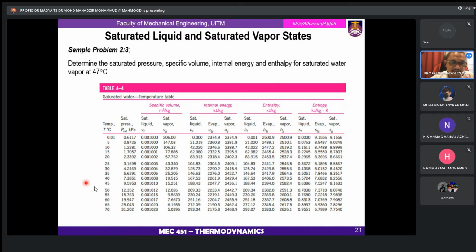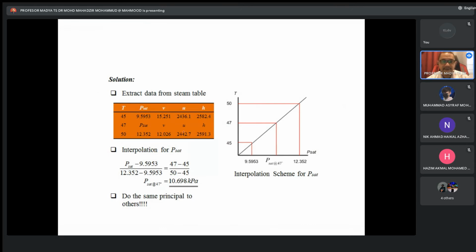From the interpolation here, this value is important and this value is important. How to make the interpolation? This shows how to get it. At 47, you want to find P sat, v, u and h.